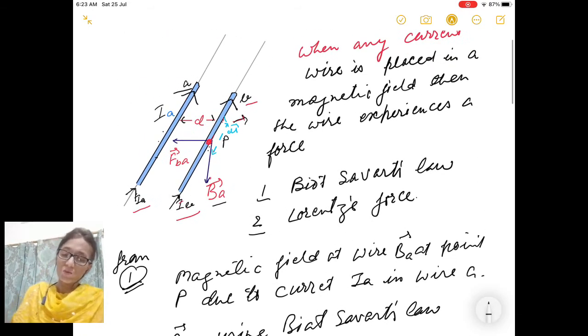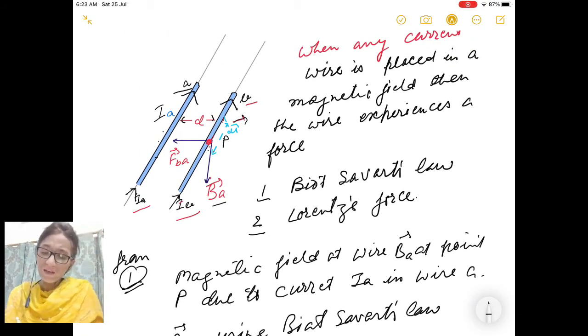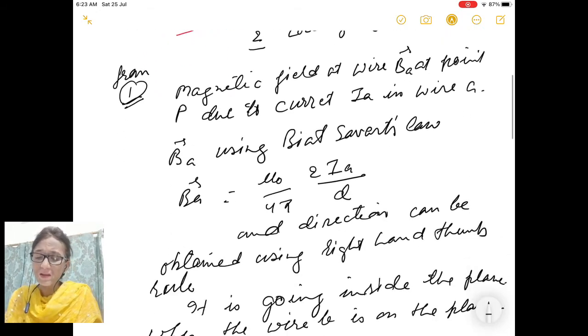So here you can see the direction of BA is inside the plane, and the length element I have taken on wire B in the direction of current IB is along the upward direction, you can see.